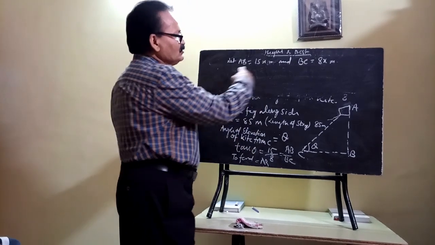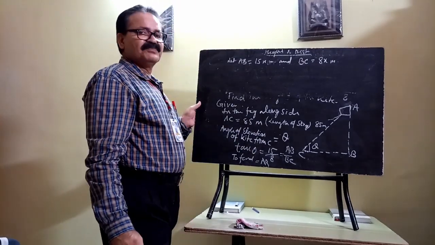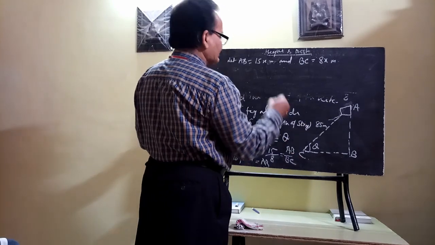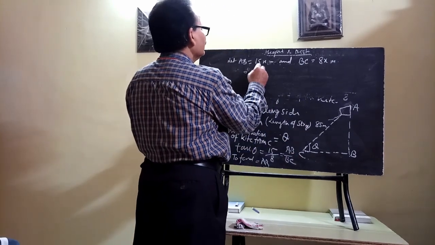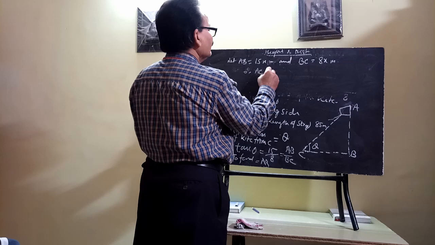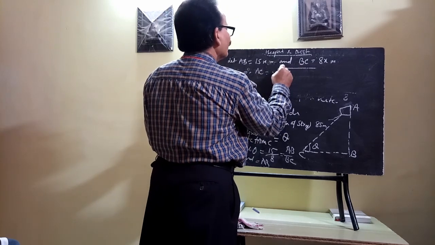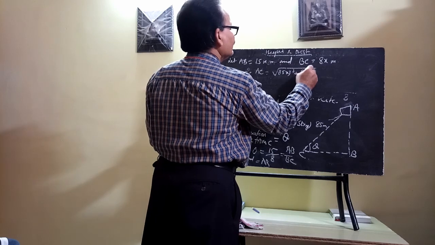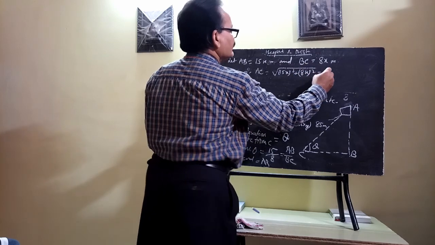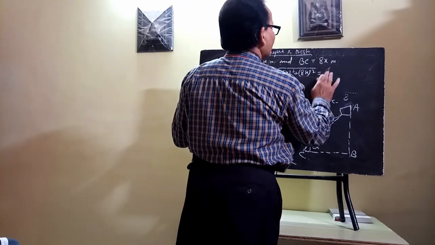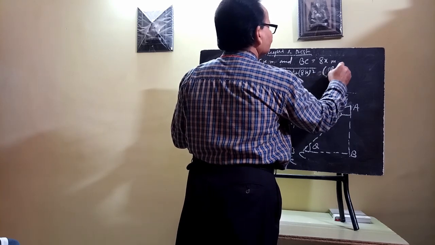So from these two data, by using Pythagoras theorem, you can find out AC. Therefore, AC will be equal to square root of 15x whole square plus 8x whole square.